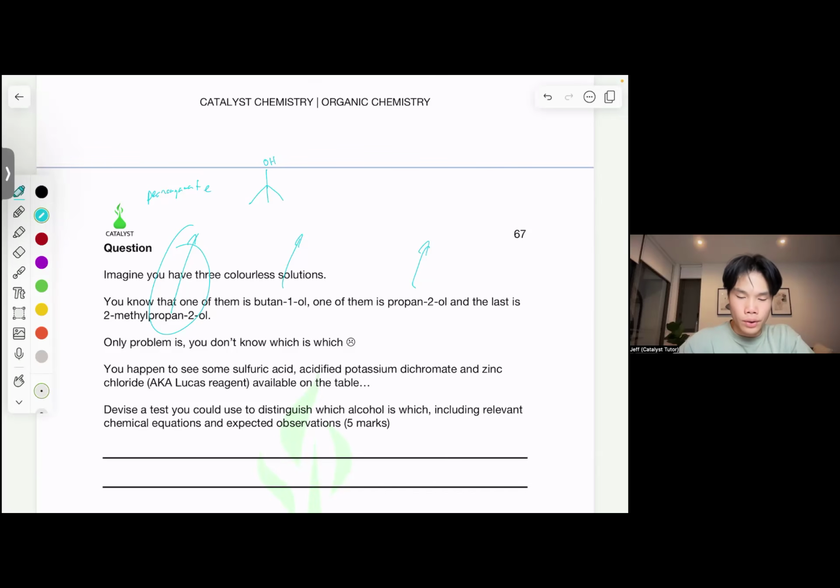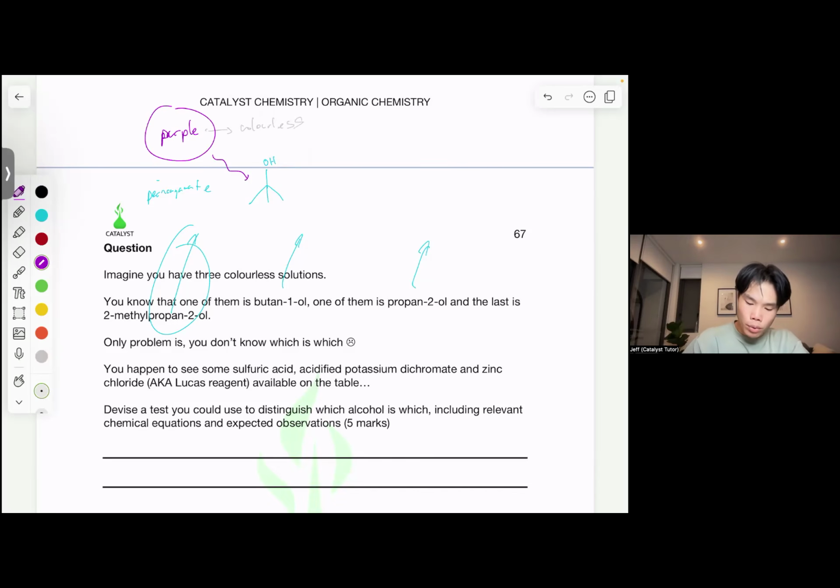Permanganate in its oxidizing agent form is purple, and only when it oxidizes something will it turn colorless. If you add this oxidizing agent to a tertiary alcohol and nothing happens, it will just stay purple. Correct, it will stay purple in this case.